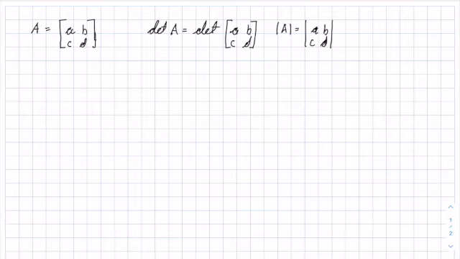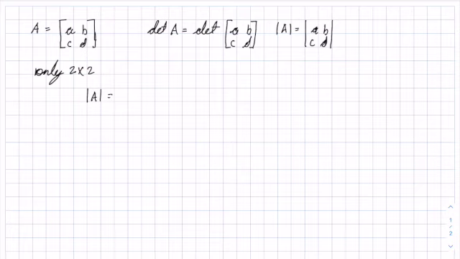So let's start with 2 by 2 determinants. This method only works for 2 by 2 matrices. So this is matrix A, and we're trying to find the determinant of A. I honestly prefer the absolute value method.